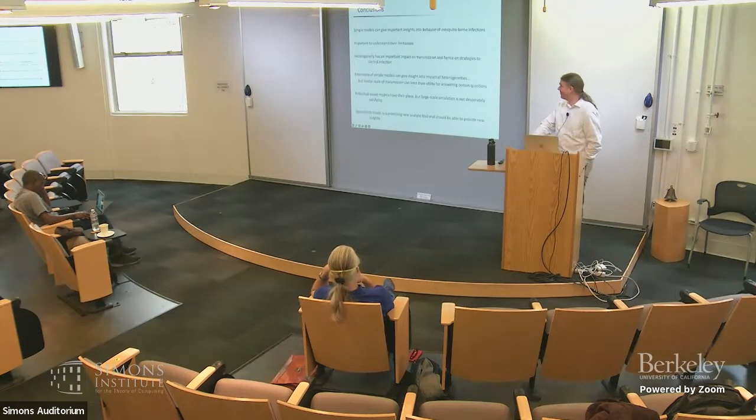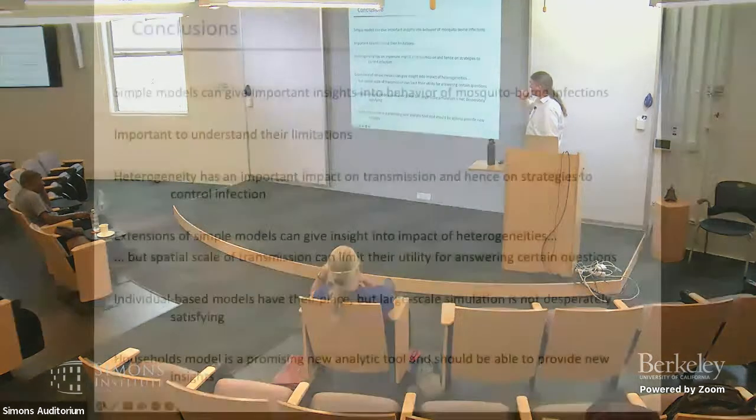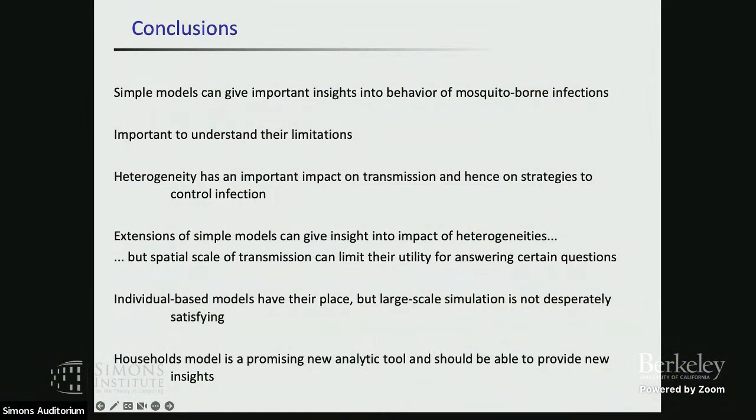Okay, so that's me finished. As I say, simple models can give us important insights, but it's really important for us to understand the limitations. Heterogeneity can be really important, and we can at least imagine that we can use those simple models to give insight into the importance of heterogeneities. But we run up against this issue of spatial scale of transmission that limits the utility of the standard go-to analytic tool.